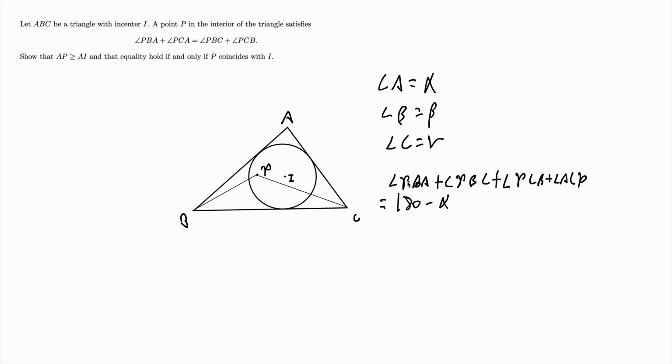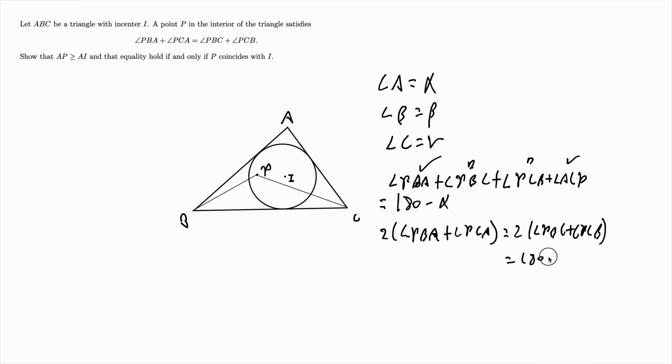But notice that we have PBA, PCA, and ACP here. So this plus this equals this plus this. So basically 2 times angle PBA plus angle PCA equals 2 times angle PBC plus angle PCB. This is also equal to 180 minus alpha.